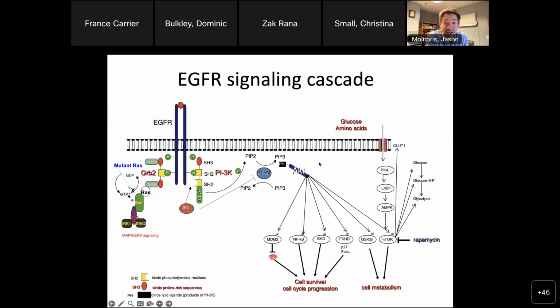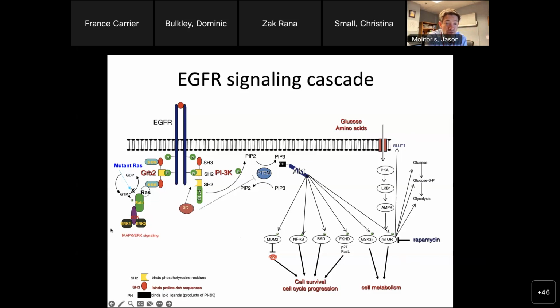This is a kinase pathway, and it leads to cell survival and progression, as well as activation of the cellular metabolism and preservation of metabolism, even in spite of a limited nutrient environment.